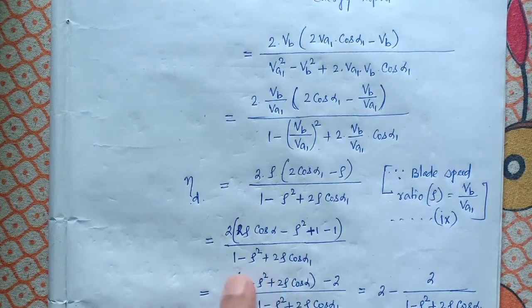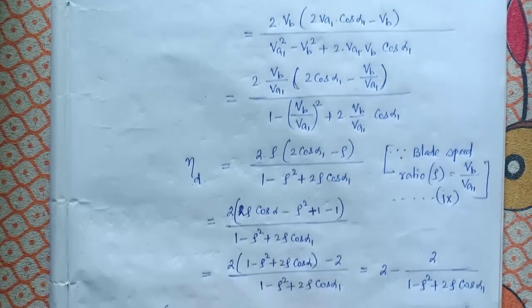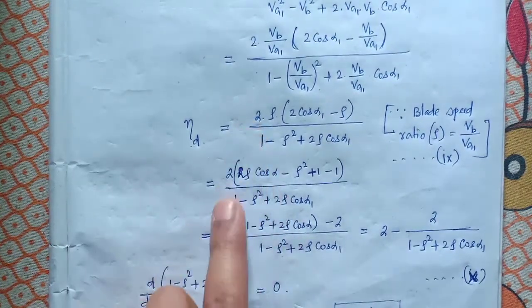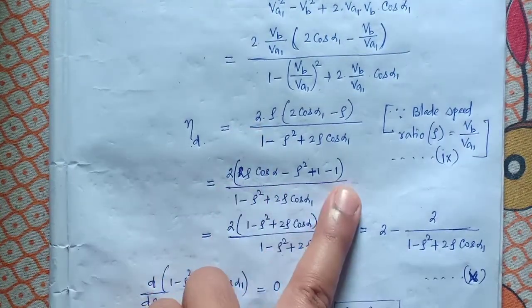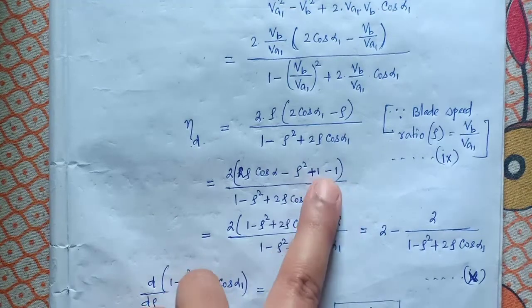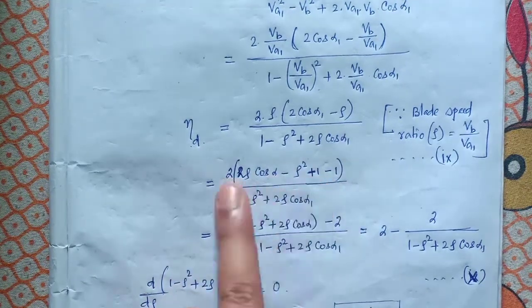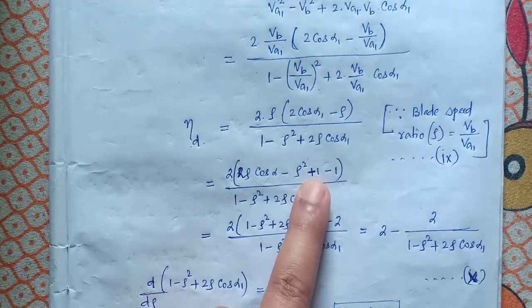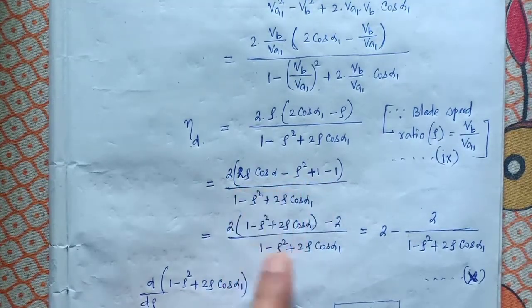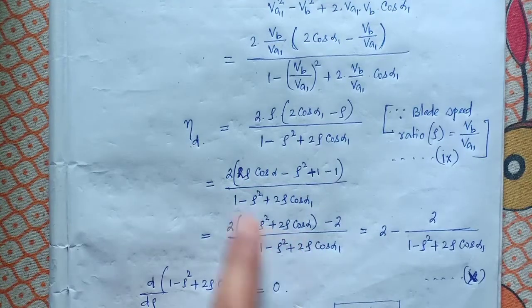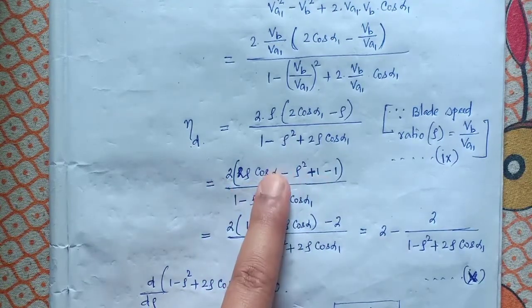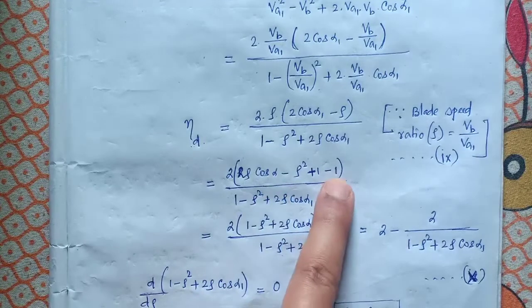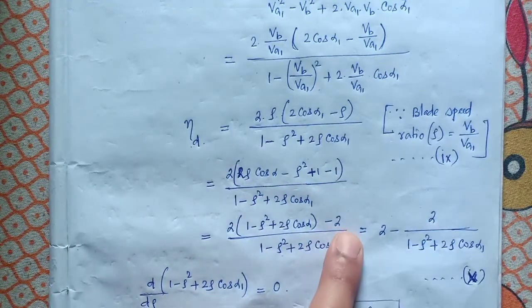The below part will be similar as before. Now multiply these two with 1 and 1 and make 1 separate from these expressions. So the expression will be 2 into 1 minus rho square plus 2 rho cos alpha 1. We did not multiply 2 with this, but we did 2 with this one and made it separate.